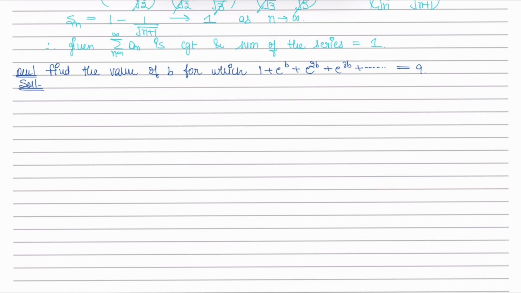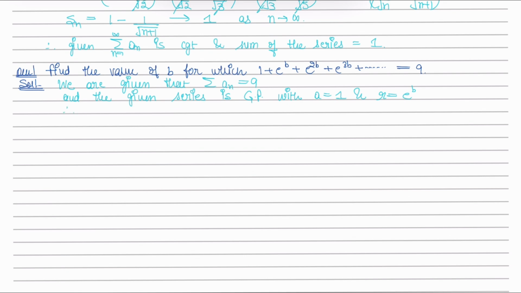Let us notice what we are given. We are given that the sum of the series is 9 and the given series is a GP with a equal to 1 and r equal to e to the power b.